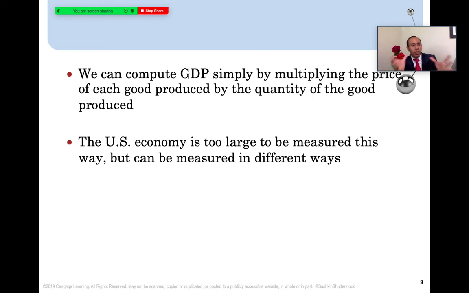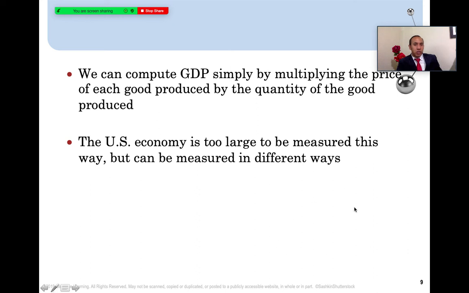If we have like 5 goods, 10 goods, then we can do the price times quantity, price times quantity, price times quantity, price times quantity for those 10 goods for that year, and add them together, and we get the total value for those 10 goods with different productions for that year. But the U.S. economy is relatively large, so we can calculate GDP in broader perspectives and also in in-depth analysis.